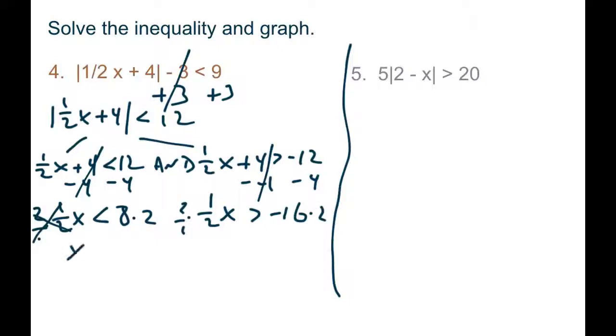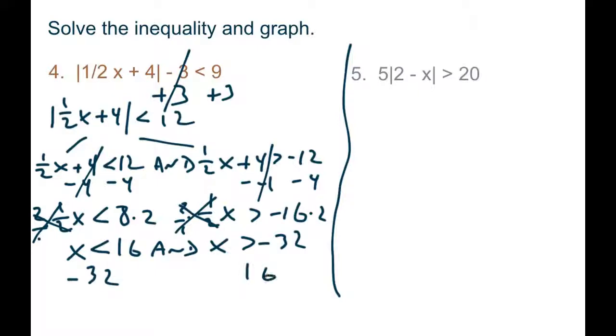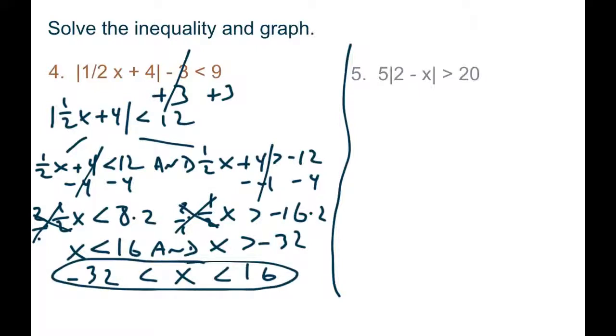X is less than 16. Don't forget and. X is greater than negative 32. We're going to rewrite this a little bit nicer. Smaller number to the left, bigger number to the right, variable in the middle, less than symbols, and that's our solution. X can be any number between negative 32 and 16, not including those two numbers.